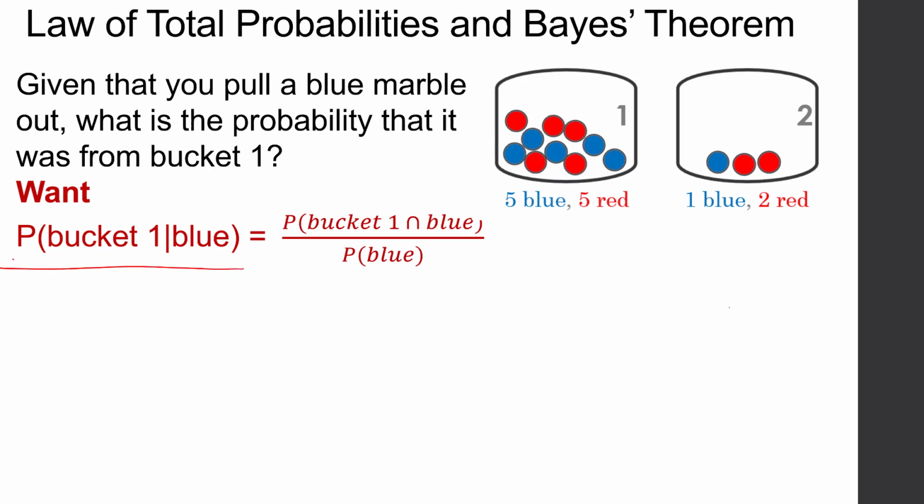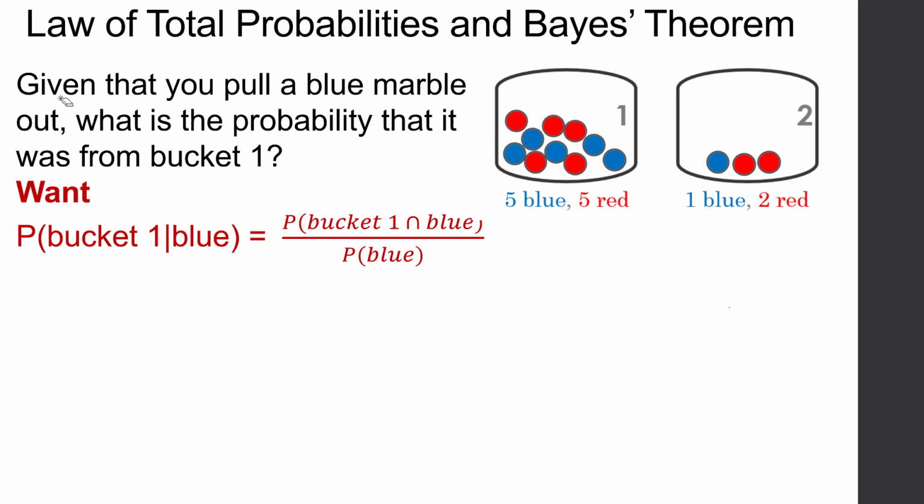That's from the blurb. Probability that it was from bucket 1 given it was a blue marble. Okay, and we know a probability rule for that. That's the probability of the intersection of being from bucket 1 and being blue divided by the probability of being blue.